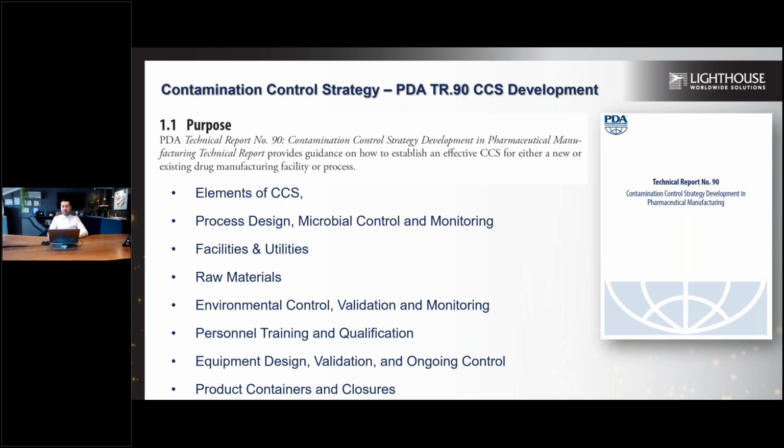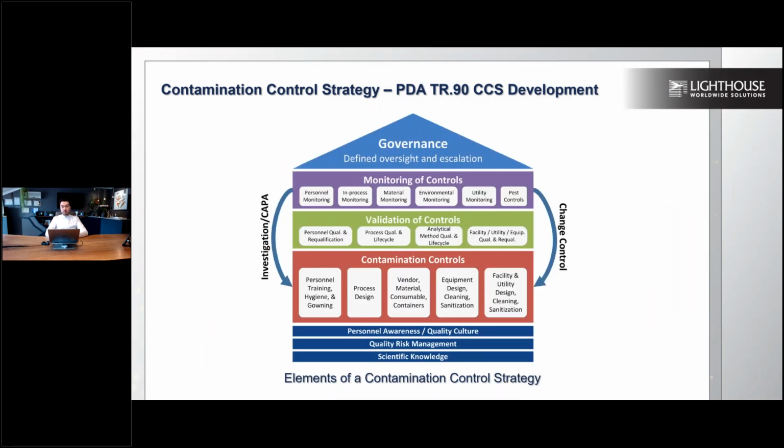Then the personnel section comes with the training and qualification of the personnel. Equipment design, validation and ongoing control comes next. And specific applications such as product containers and closures are also within another chapter of this document. One very important document, which was also adapted from the Sanofi processes to PDA Technical Report 90, is figure 3.01.